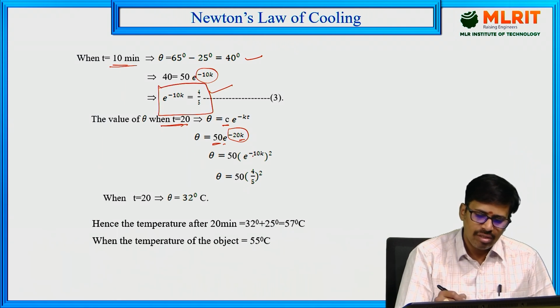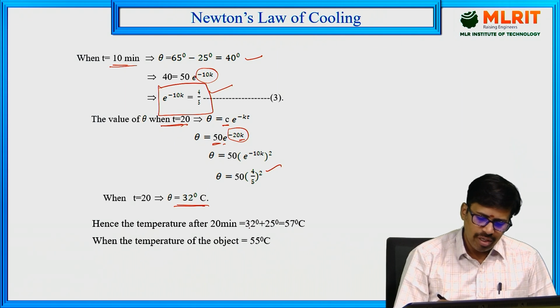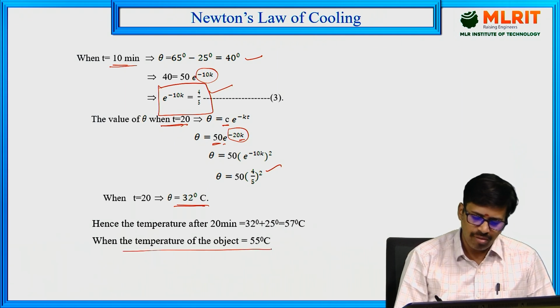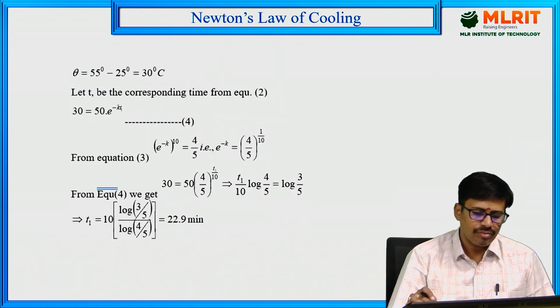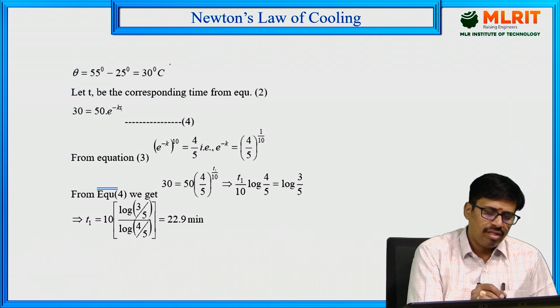So e power minus 10k whole square means 4 by 5 whole square, right? Now when t is equal to 20, theta is 32. So 32 plus 25, that is 57. When the temperature of the body is 55 degrees centigrade, 55 minus 25 is 30 degrees.